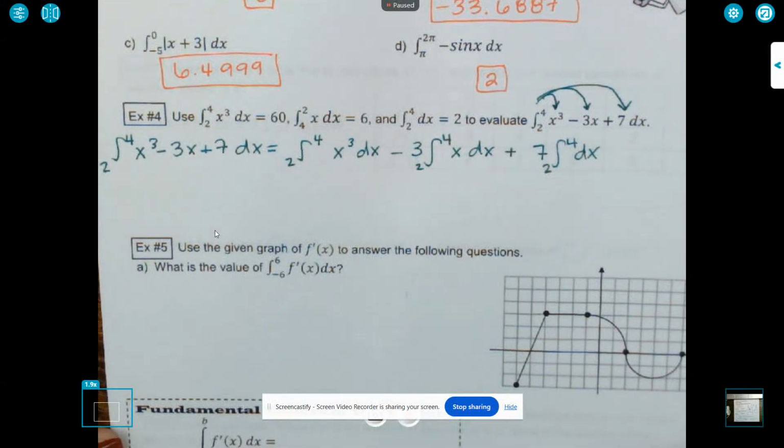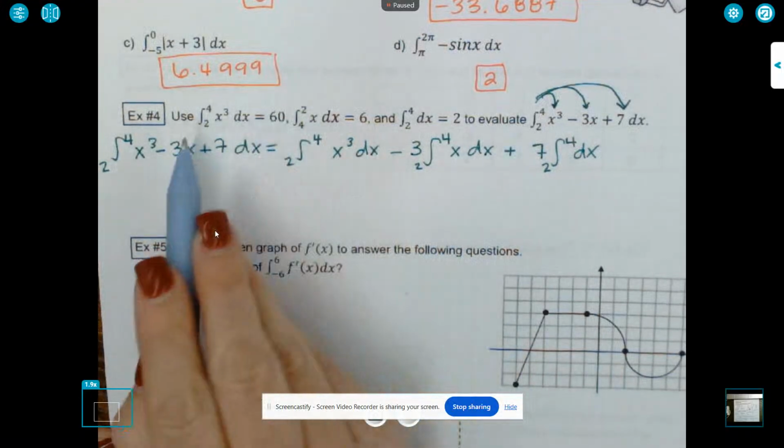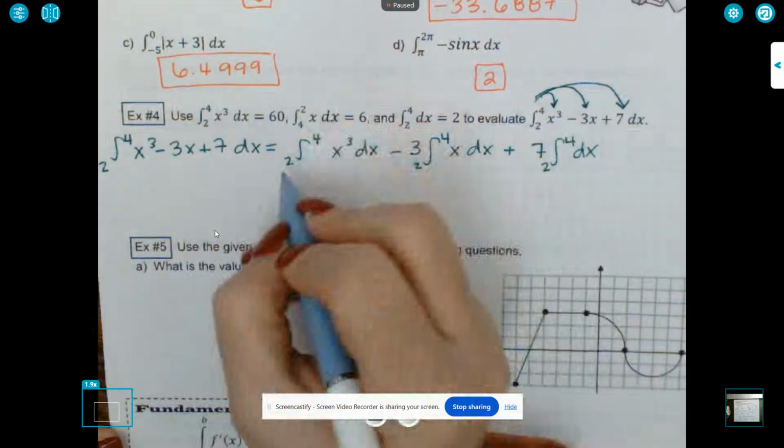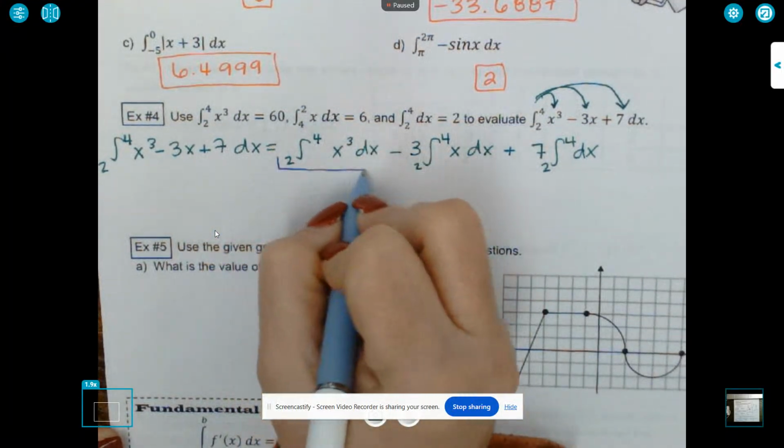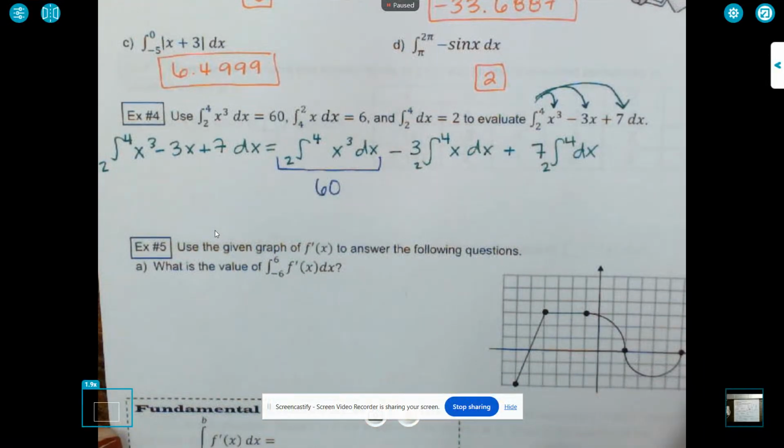All right, now let's look at what we have. We have the integral from 2 to 4 of x cubed dx. We have that whole thing right there already. We know that is 60.